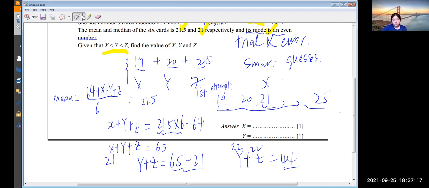Can it be 24 and 20, with 21? Because 20 and 24 is also 44, right? Good. So now ask yourself.